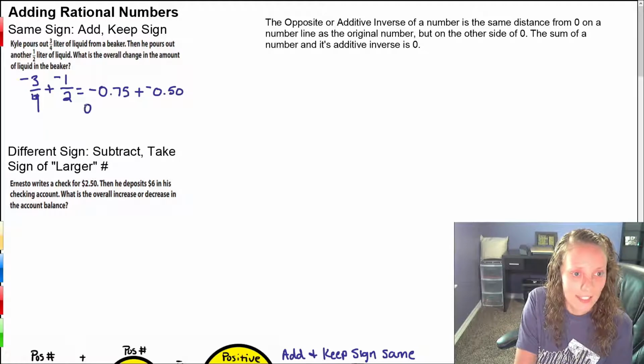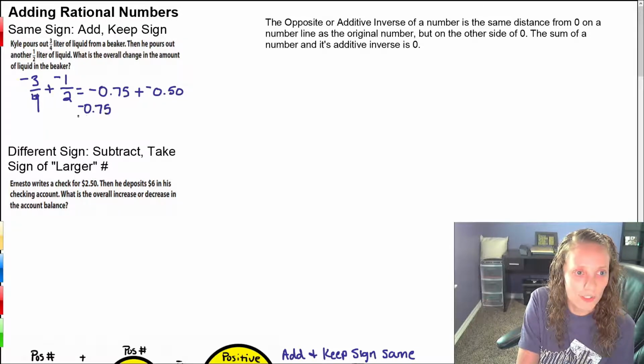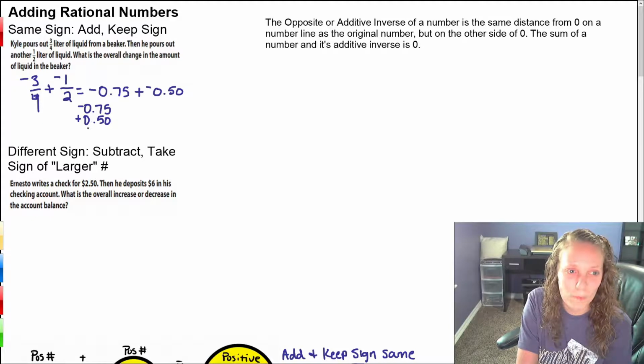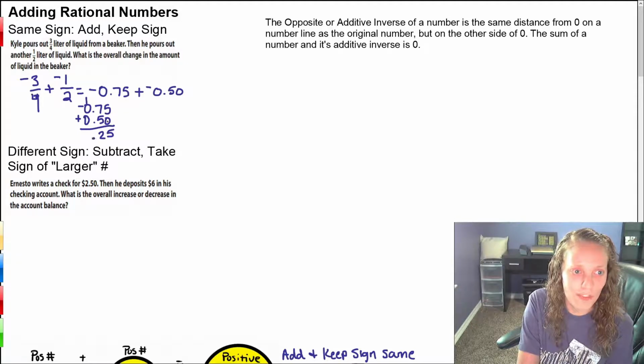Now let's add these together. When we add these numbers together, we need to line our decimals up, make everything nice and neat, so we don't add wrong numbers together. 5 plus 0 is 5. 7 plus 5 is 12. Carry the 1. Bring those decimals straight down before you do anything else.